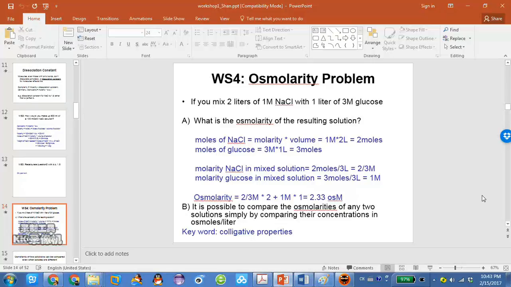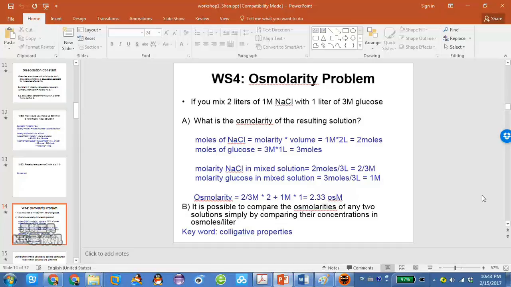The key word to this statement is colligative properties. Since osmolarity and osmolality are colligative properties, they're closely related to the osmotic pressure of a specific solution, and they only care about the amount of particles there are in a solution instead of the types of particles there are in a solution.